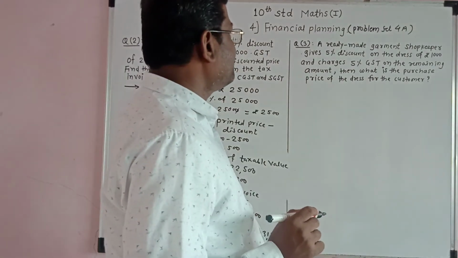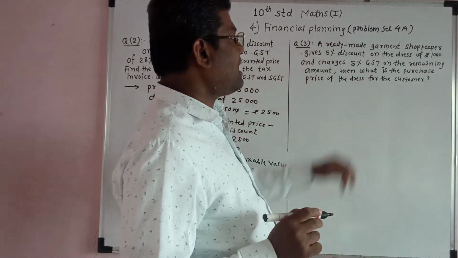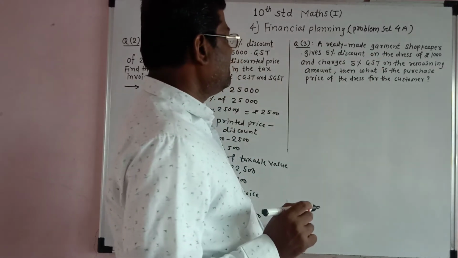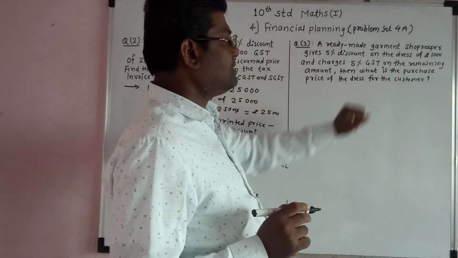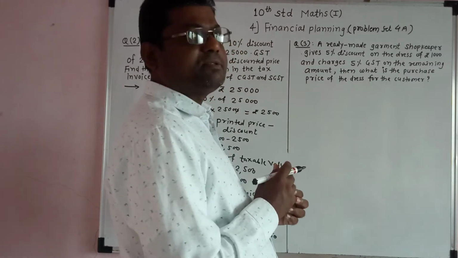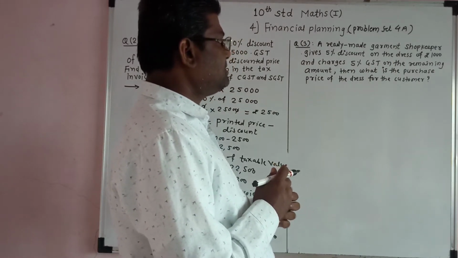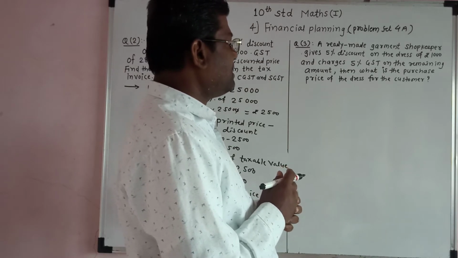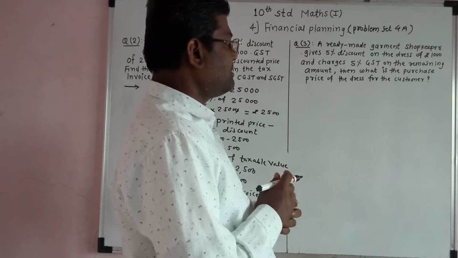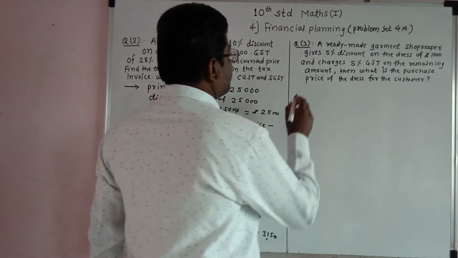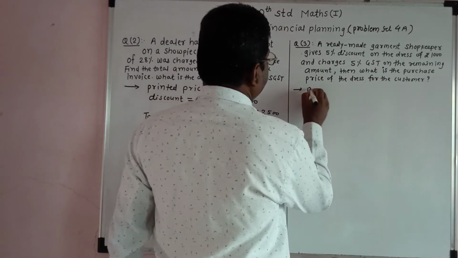Now example number 3. A ready-made garment shopkeeper gives 5% discount on the dress of rupees 1,000 and charges 5% GST on the remaining amount. Then what is the purchase price of the dress for the customer? Here also we have given the printed price.